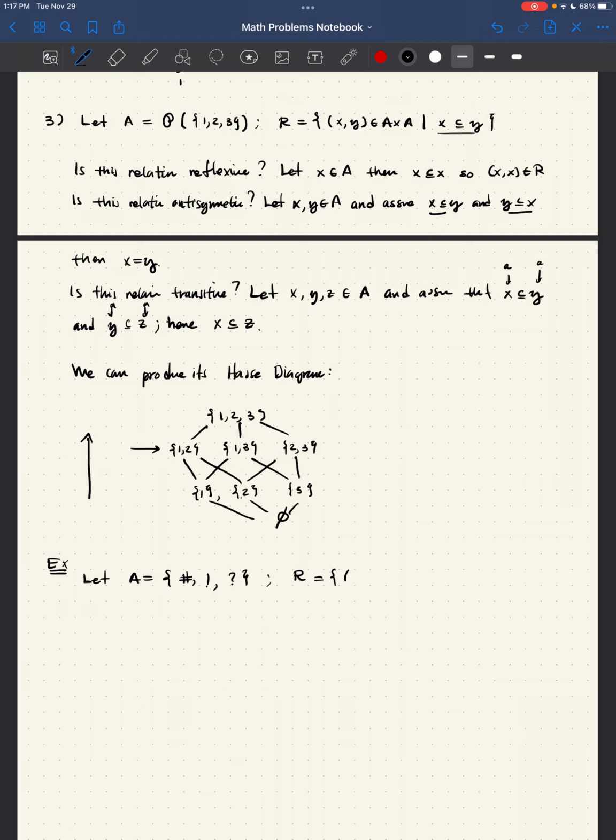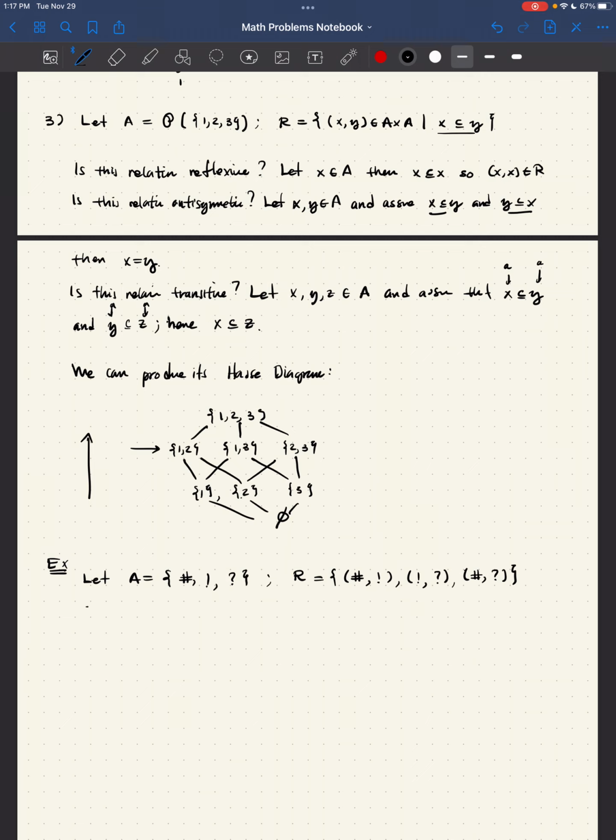I'm going to say that this one is related to that one. This one is related to that one. And I'm going to say also that this one is related to that one. Okay, so let's test. Is this relation reflexive?